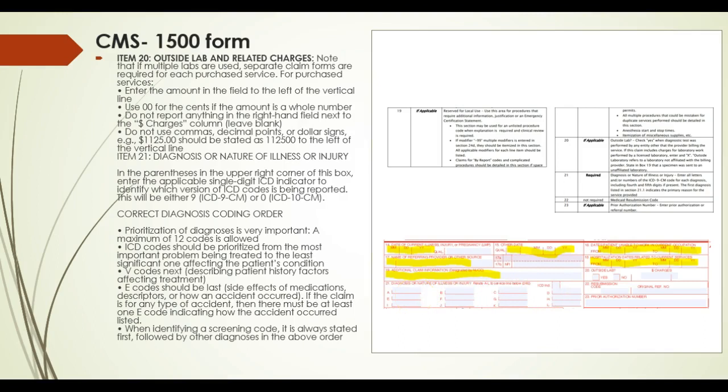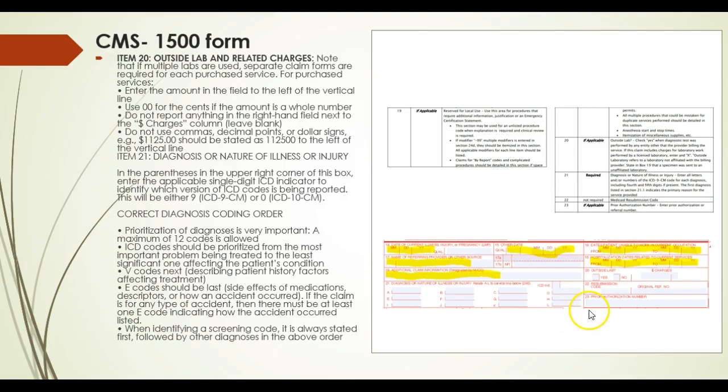Your ICD-10 codes should be prioritized from the most important problem being treated to the last significant one, such as if you go into the doctor's office for a checkup, but while you're in there, you tell them about a spider bite that you had on the back of your leg. So your checkup code would be priority, the spider bite secondary. You would list any codes that were related to that patient's illness or injury while they're in the office, okay?